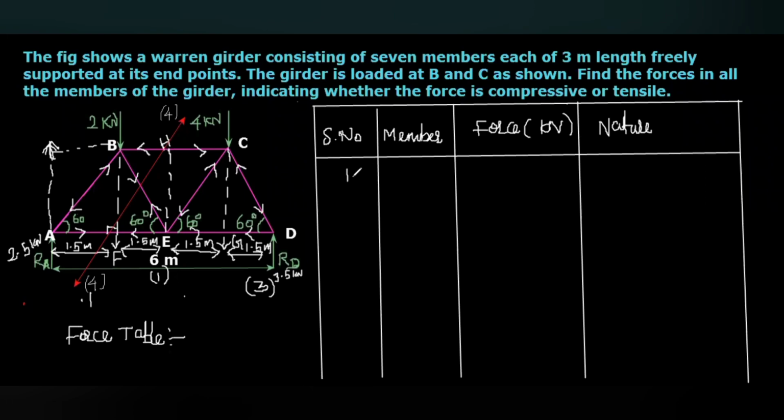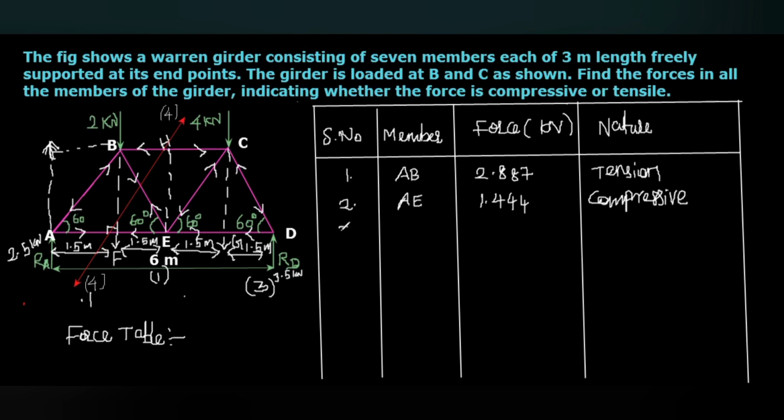First one, the member AB, the force we calculated 2.887 kilonewton, and it is tensile in nature. Second one, the member AE, the force we calculated 1.444, and it is compressive in nature.